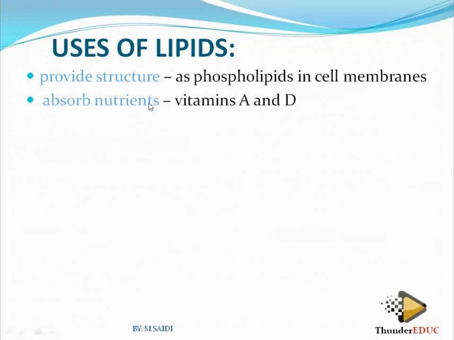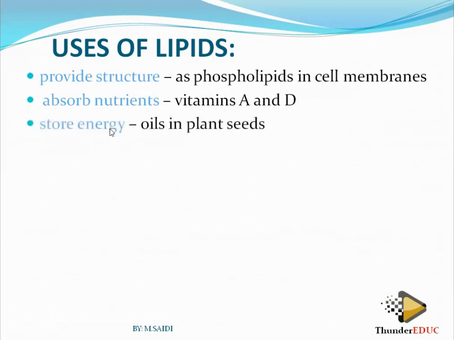Number two, they help absorb nutrients, vitamins A and D. These are fat-soluble vitamins. They cannot be absorbed unless there are fats or lipids, so they can only be absorbed if the fats are present.